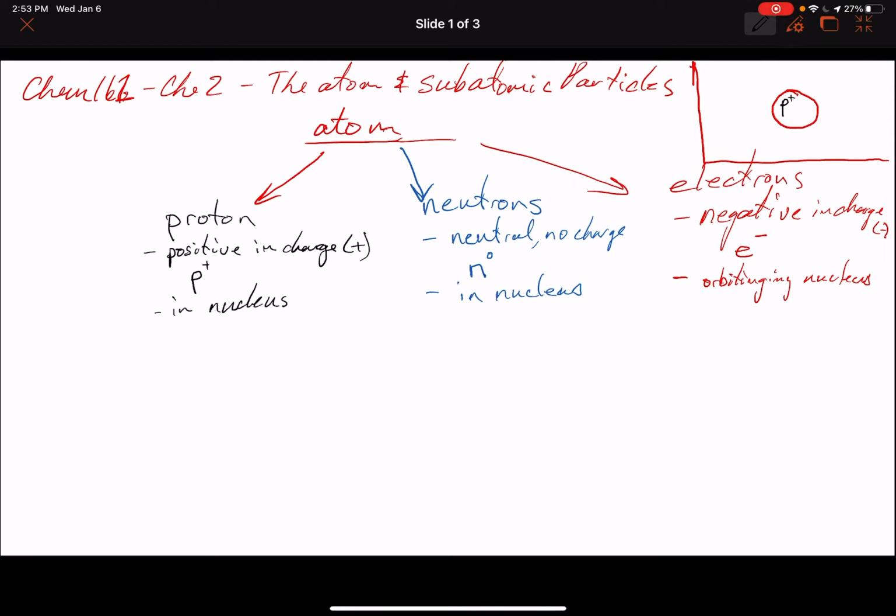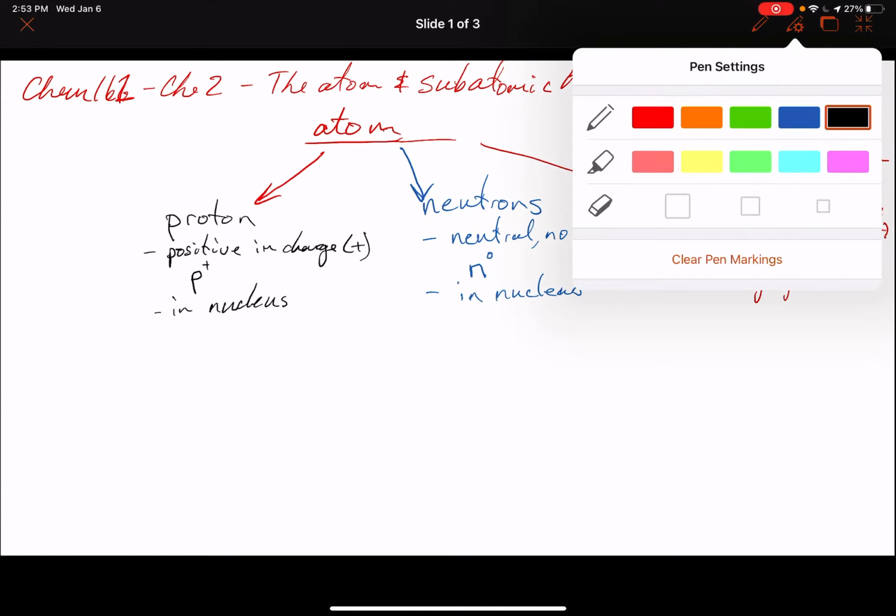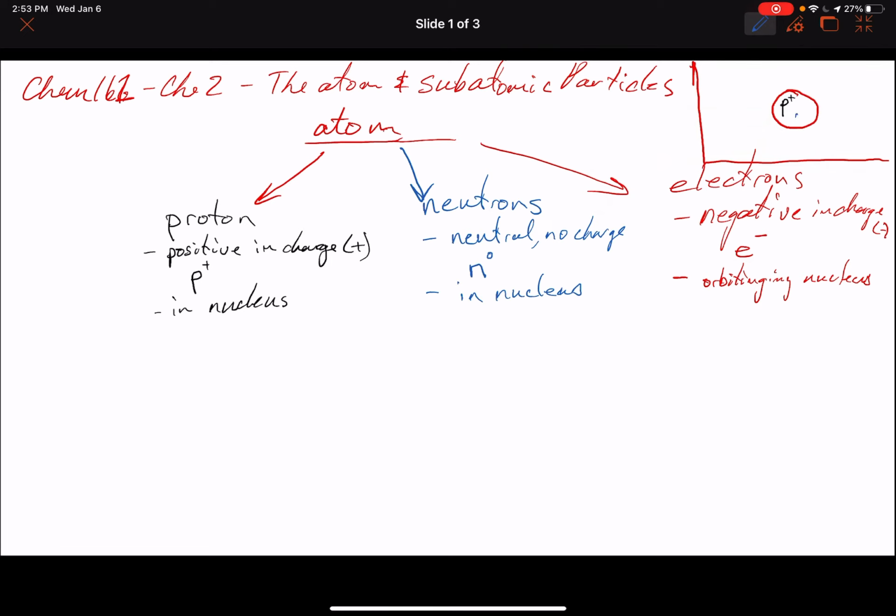That nucleus may have neutrons, so we would apply the lowercase n. We know those also are located in the nucleus. We'll see that the number of protons is signature to the type of atom in question, and there's typically a range of neutrons available to help distinguish isotopes of the same atom type from one another.